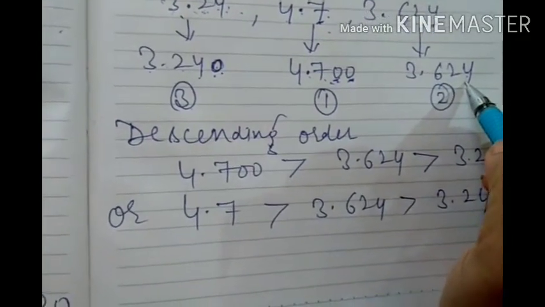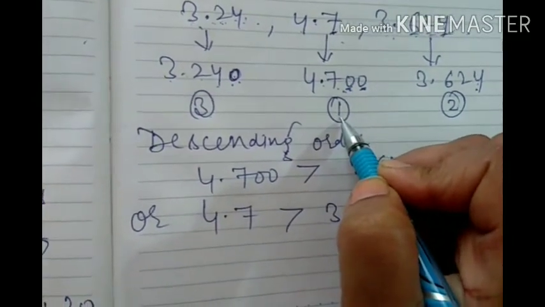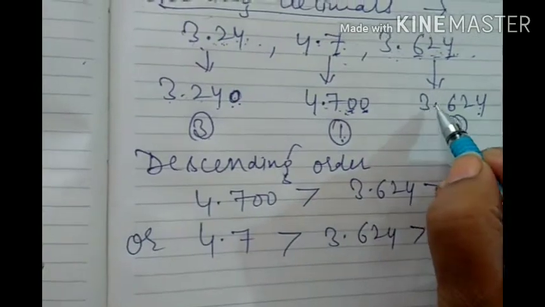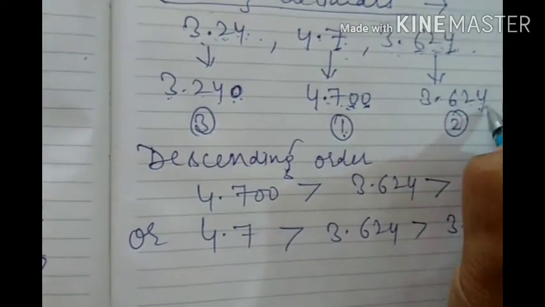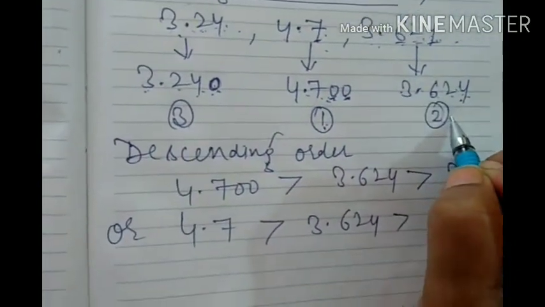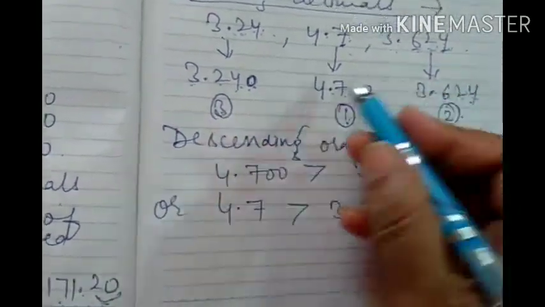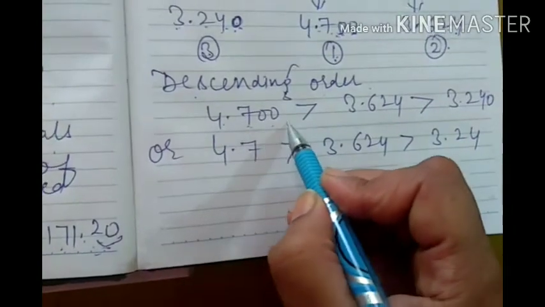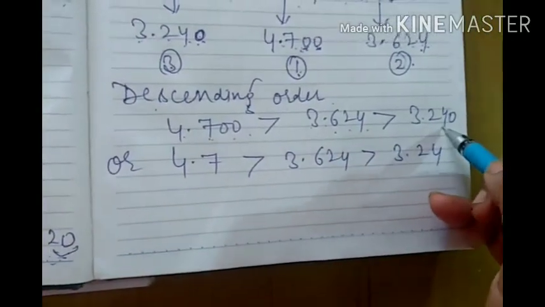Then if you are going to write in descending order, the largest decimal number is 4.700, and after that 3.624, and after that 3.240, which will be the smallest at last. So writing in descending order, first of all the largest number is written, 4.700, after that the smaller 3.624, then the smallest in the last.